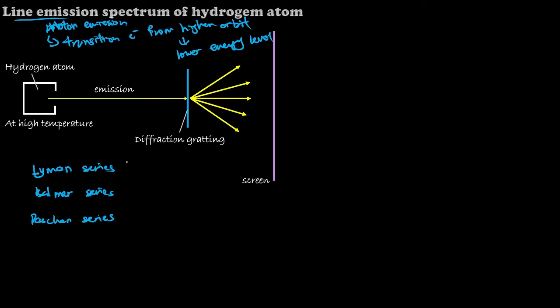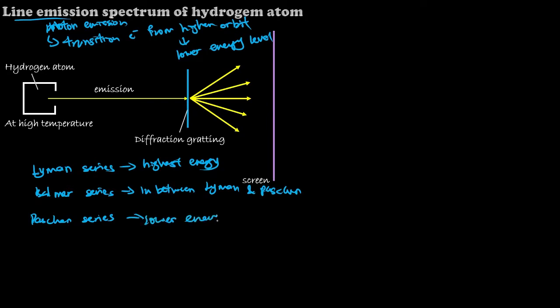According to these 3 series, this one has the highest energy, and then followed by Balmer series, which is in between Lyman and Paschen. This one, the Paschen series, has the lowest energy of photon produced.